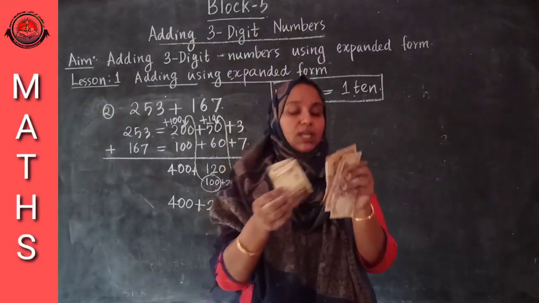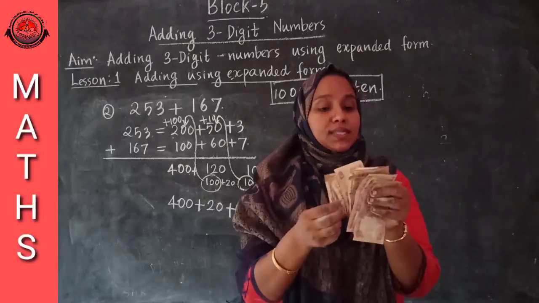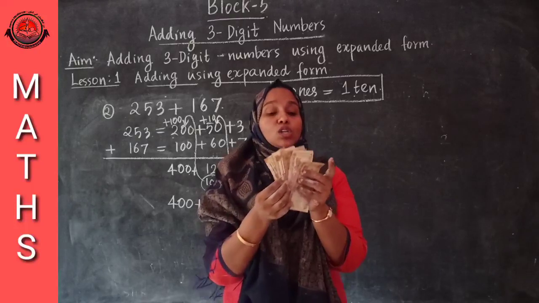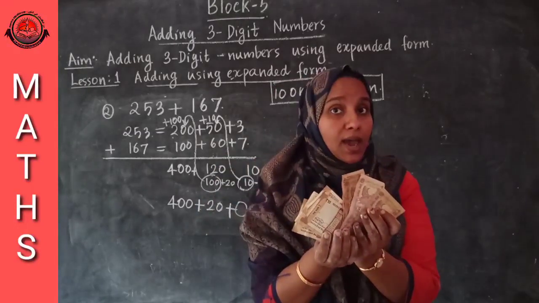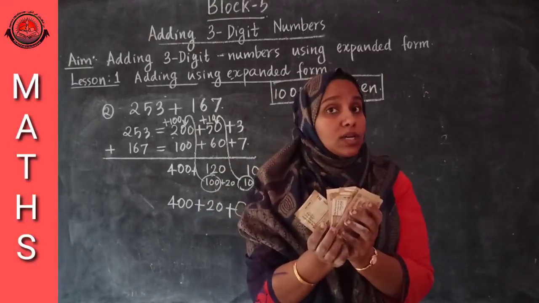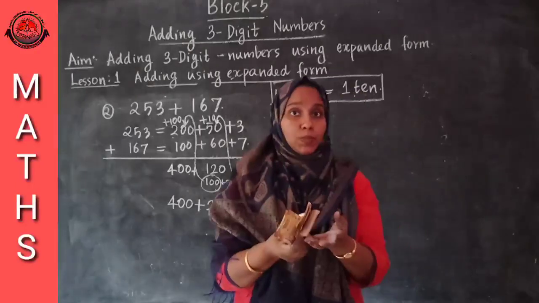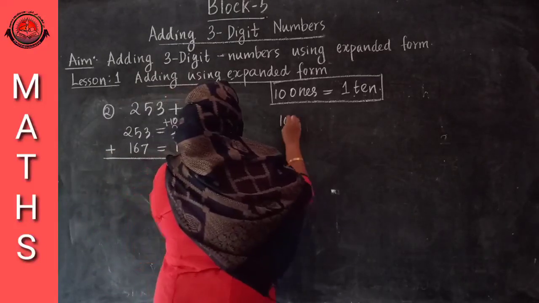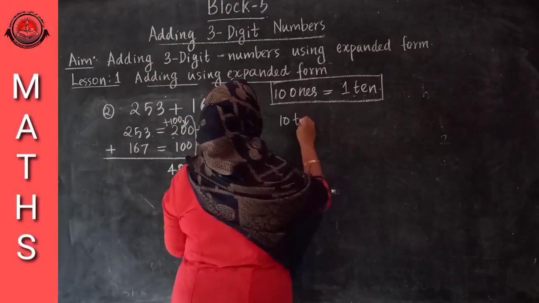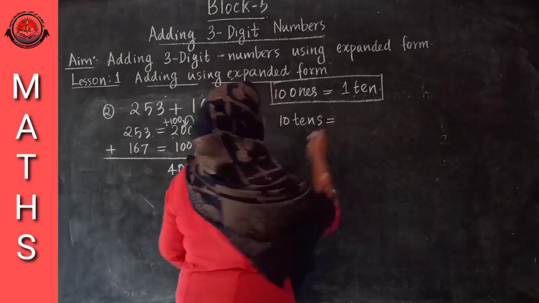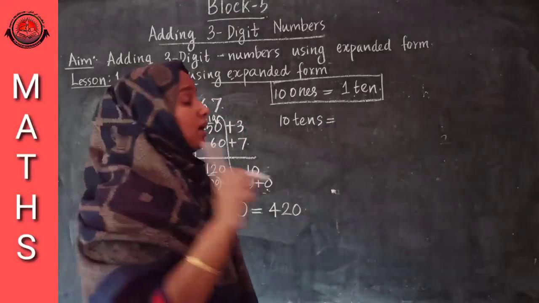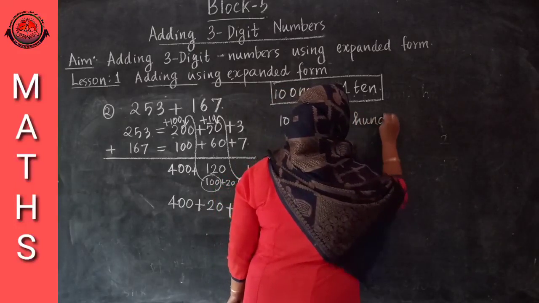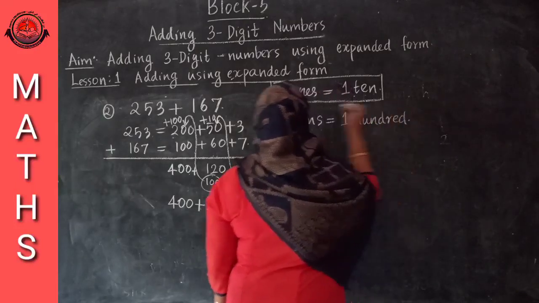Then 50, 60, 70, 80, 90 and 100. So 10 tens are in my hands. The total amount is what? 100 rupees. Like that we can write it here as 10 tens is equal to 100.